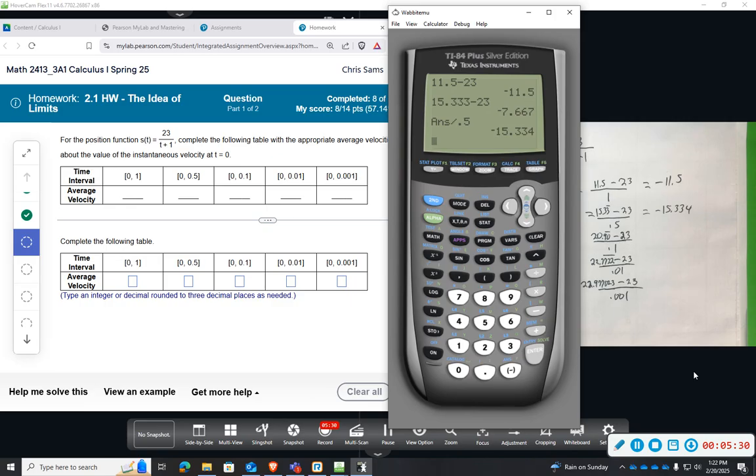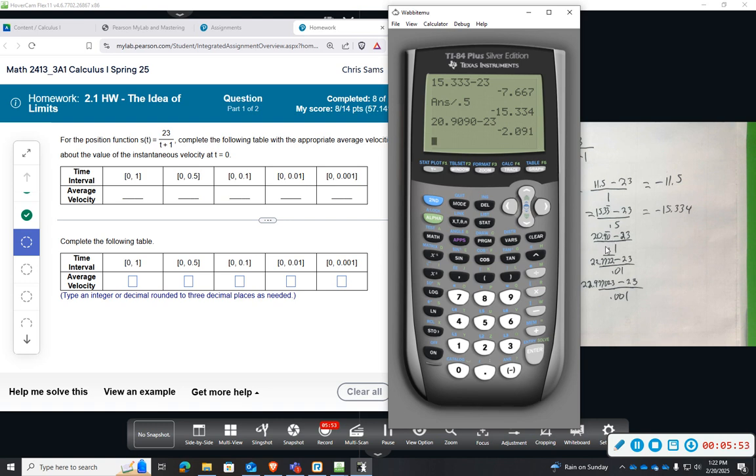All right, so our next value was 20.9090 repeating. So we have 20.909, and we're going to subtract 23. And that gives us negative 2.091.